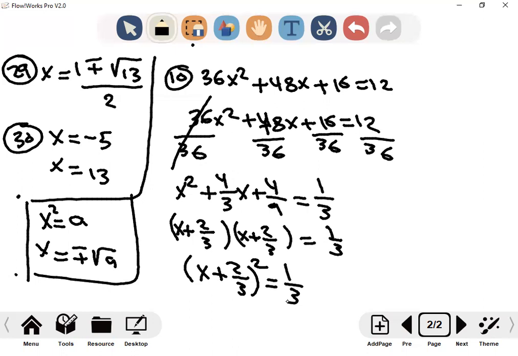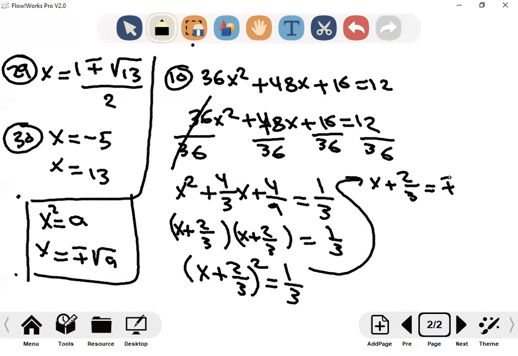Now I will apply the square root property. Means x plus 2 over 3 equal plus minus square root of 1 over 3.